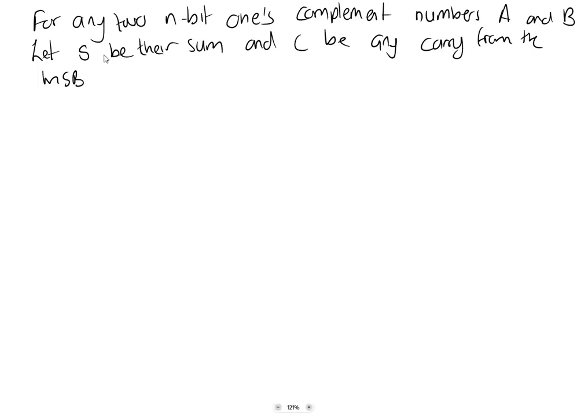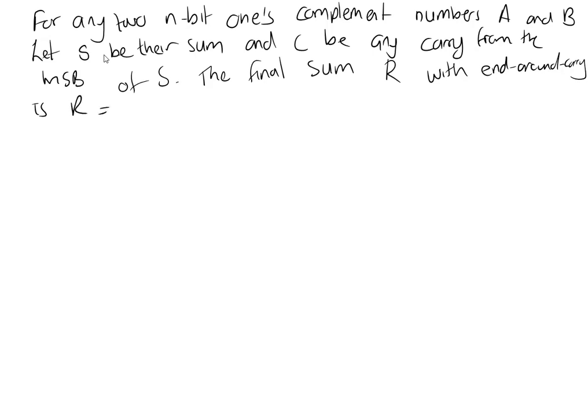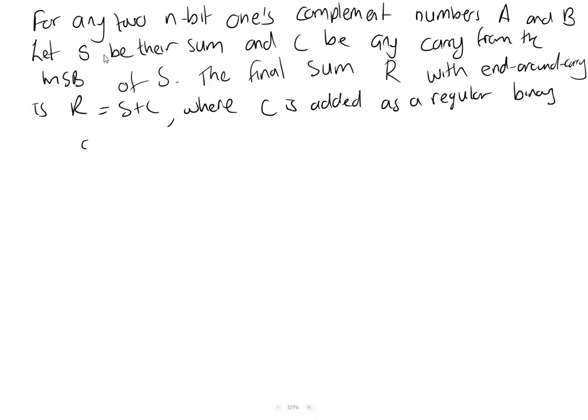Okay, that's the leftmost bit of S. Then the final sum, which we'll denote as R, with end around carry, is R, which is equal to S plus C, where C is added as a regular binary digit.